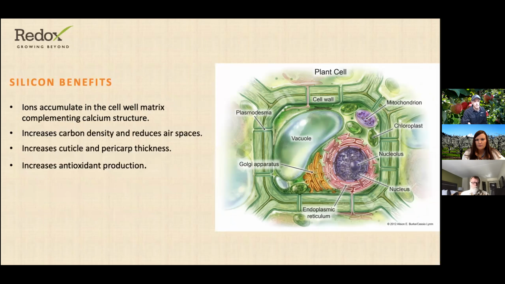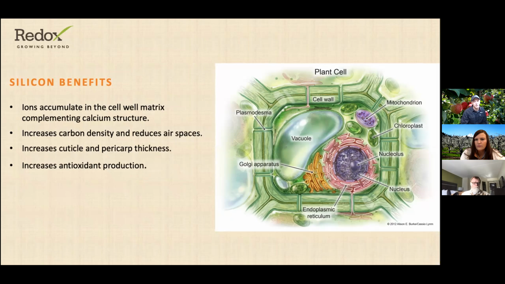Why are we concerned about silicon? Silicon complements calcium as it accumulates in the cell wall matrix and helps pull the cells even more tightly together. And so we see an increase in the carbon density in this plant tissue. This applies not only to the fruit or the cash crop, but also to the plant itself.